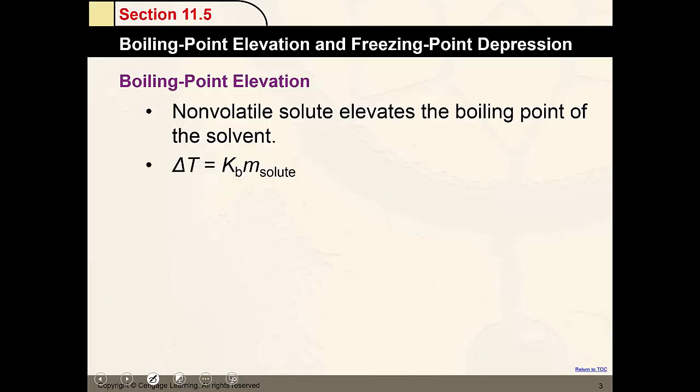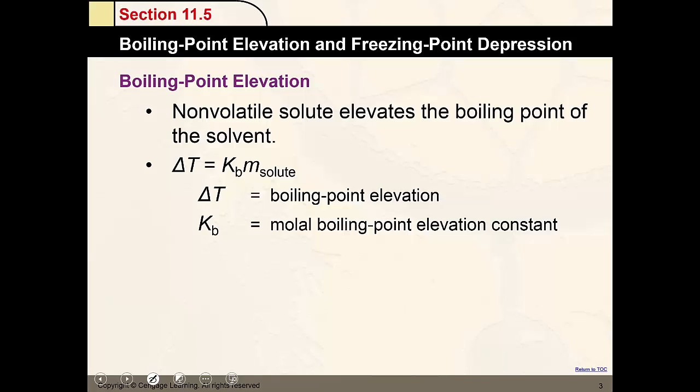Okay, and the formula for calculating how much the temperature changes is Kb, which is the specific boiling point elevation constant for that solvent. And you'll always be given this for water.